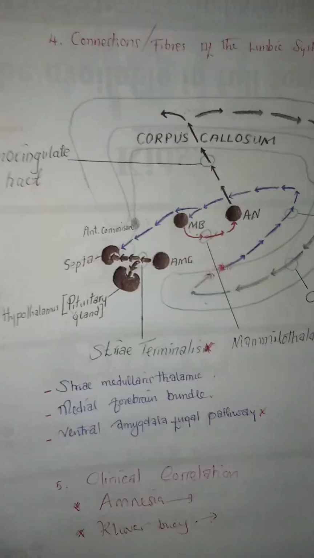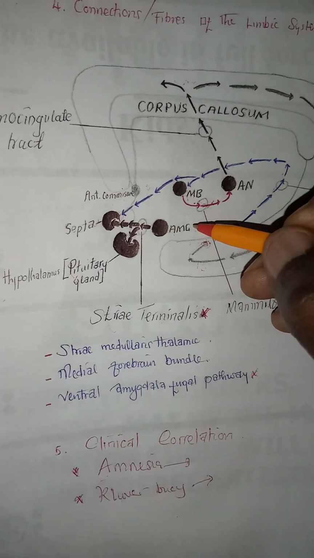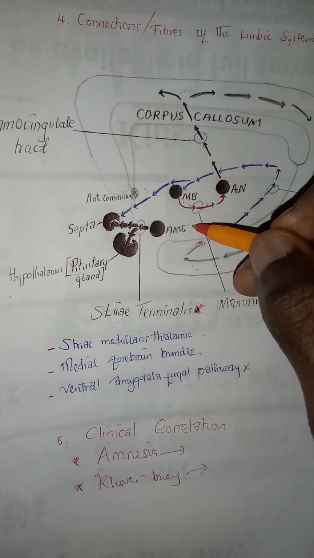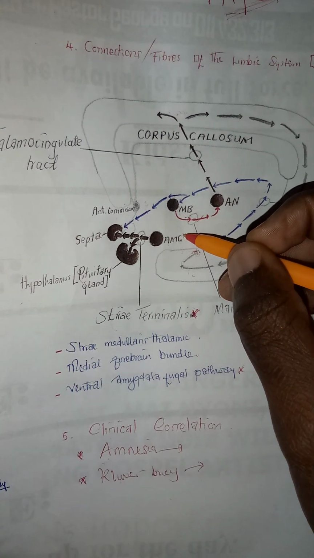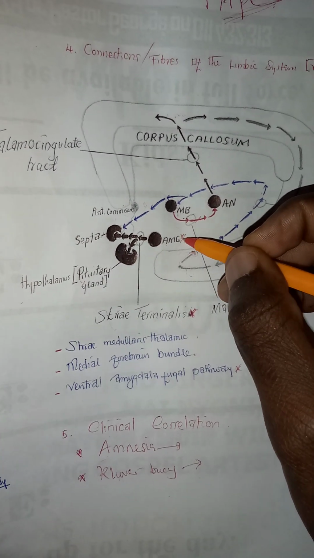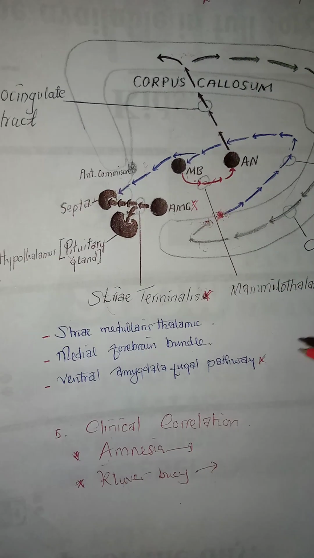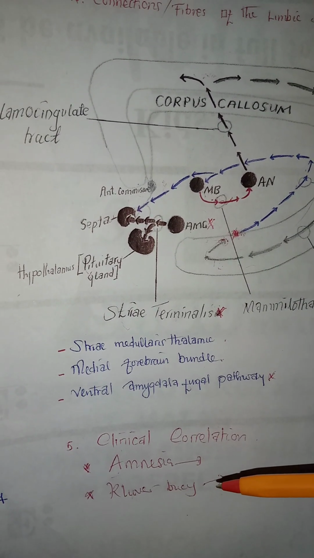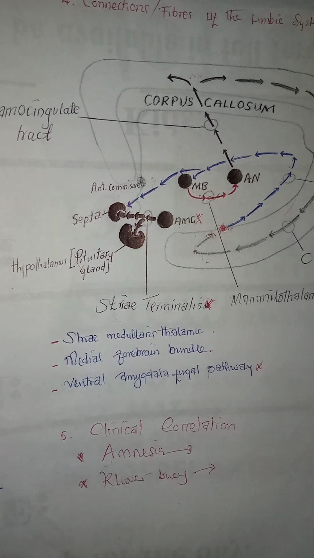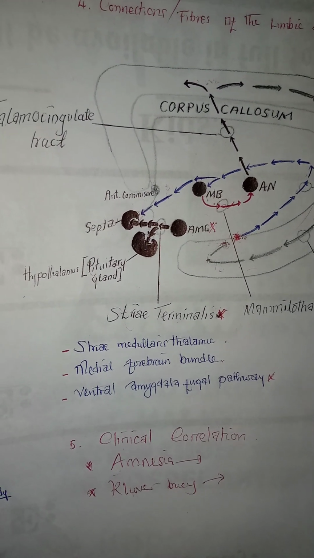Remember we said the amygdala is involved in smell-mediated sexual behavior. If there is damage to this part, we end up having Klüver-Bucy syndrome. Klüver-Bucy syndrome is a syndrome whereby you have damage to the amygdala.